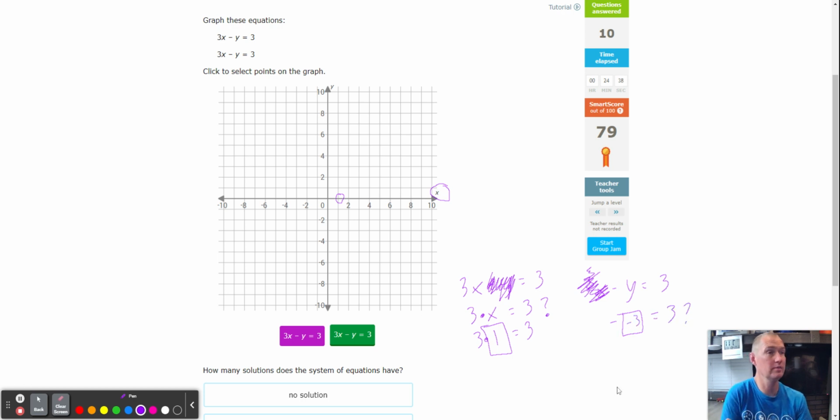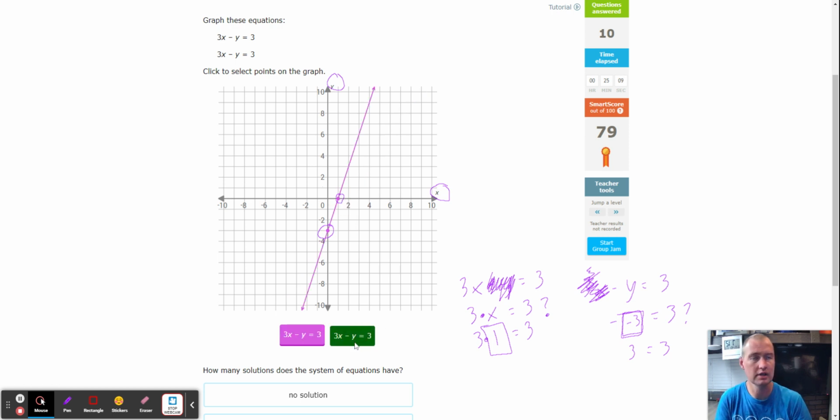So again, you're trying to find the y value that makes the equation true. Because when you have a negative and a negative, you get a positive. But remember, I chose negative 3. So negative 3 is actually the answer I'm using because that's what makes the equation true. And it does work. So on the y-axis, you find a negative 3, which lands right there. And there you go. There's your 2 points. So 2 points here, here.